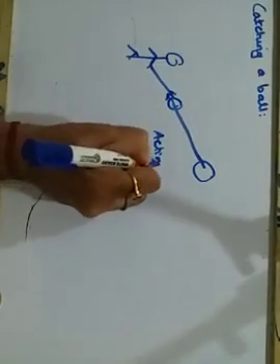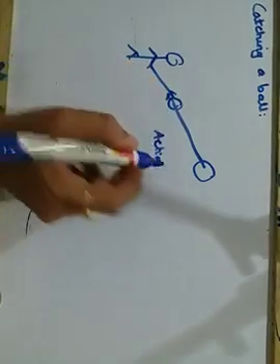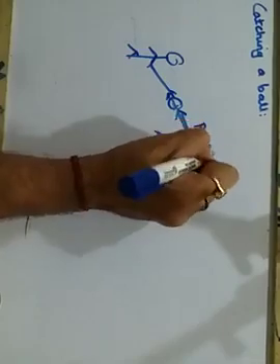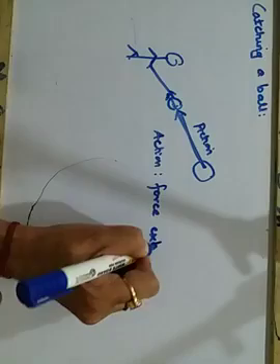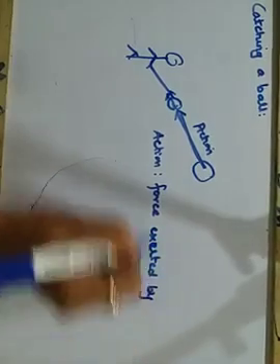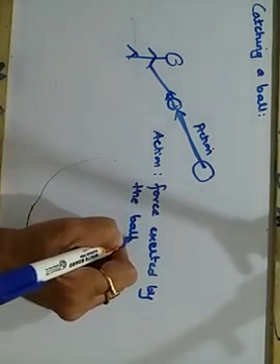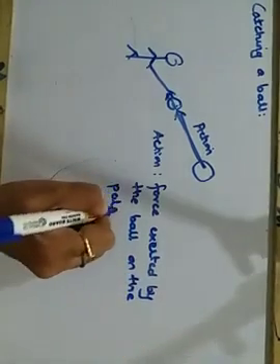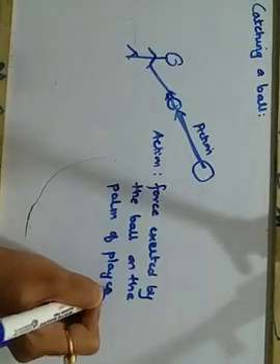So here, when a person is trying to catch a ball, the ball exerts a force. So that is your action. Action is the force exerted by the ball on the palm of the player.